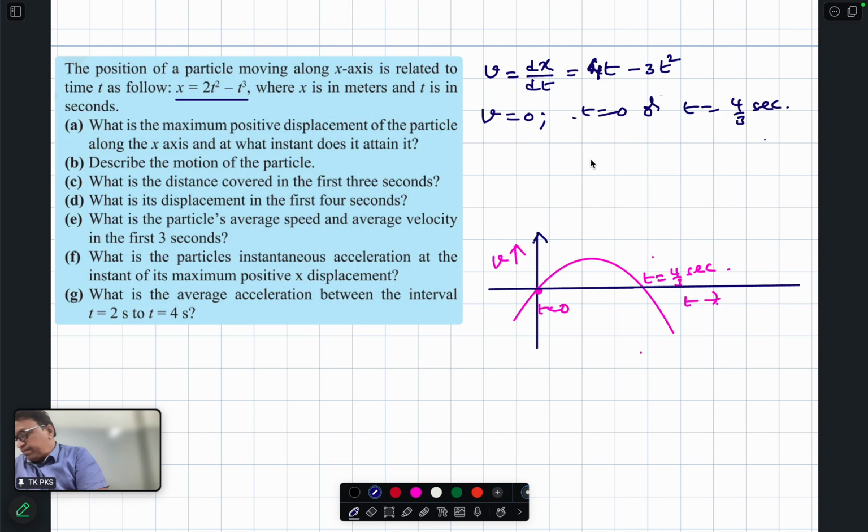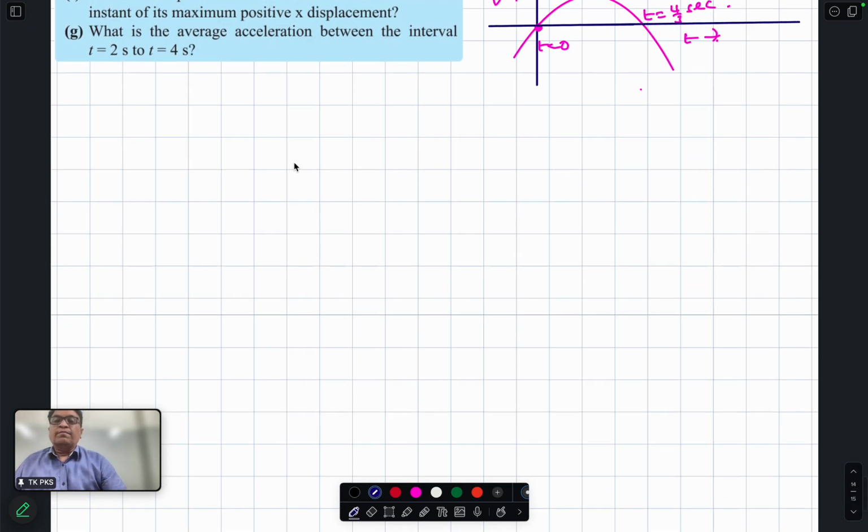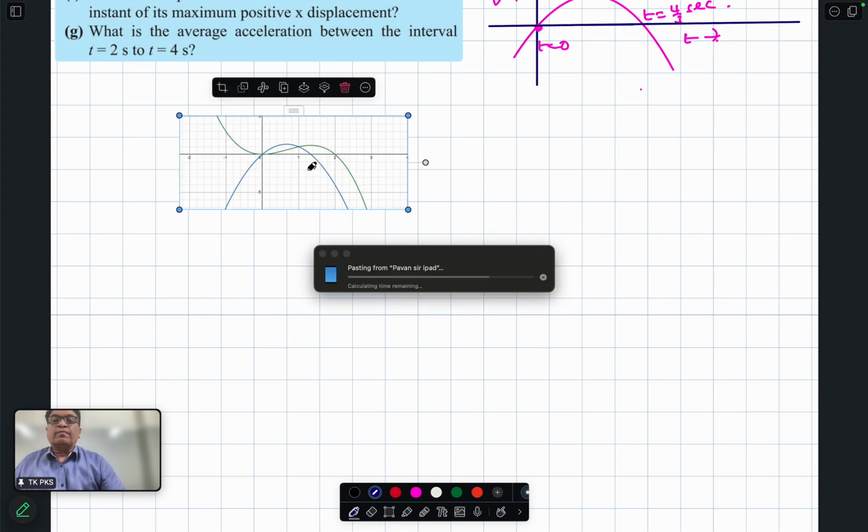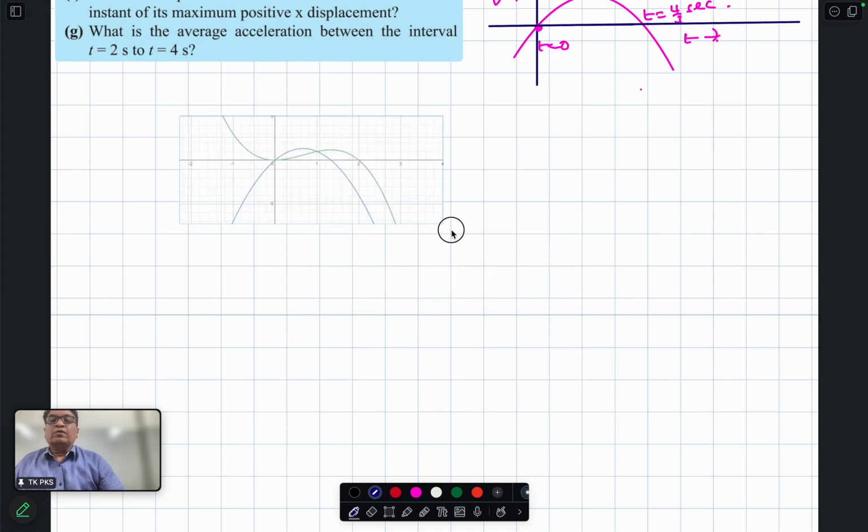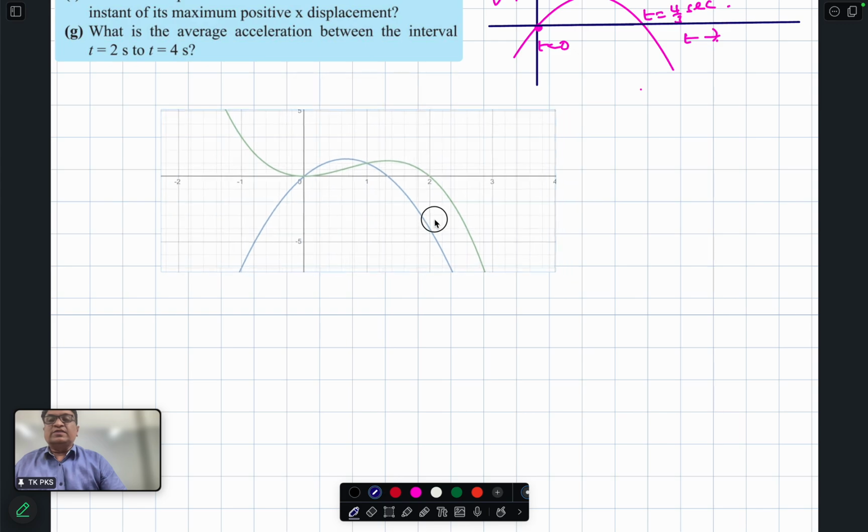I'll exactly paste you the correct graph from Desmos. Right. Thank God. This is the graph.